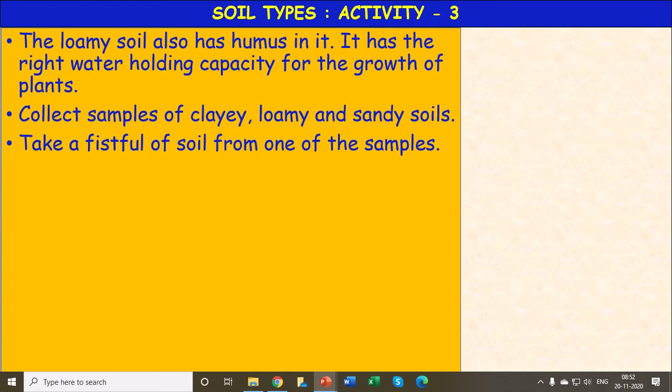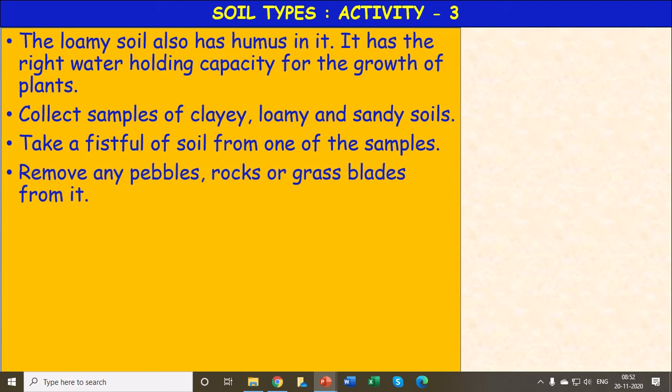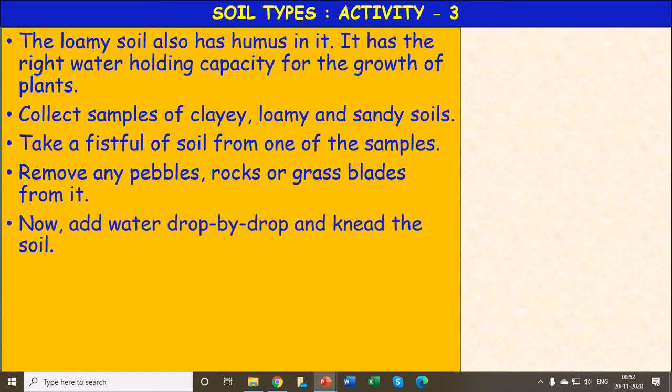Collect different types of soil samples like clay, loamy, and sandy soils. Take a fistful of soil from one of the samples. Remove any pebbles, meaning small stones, grains of sand, rocks, or grass blades from it by hand picking.